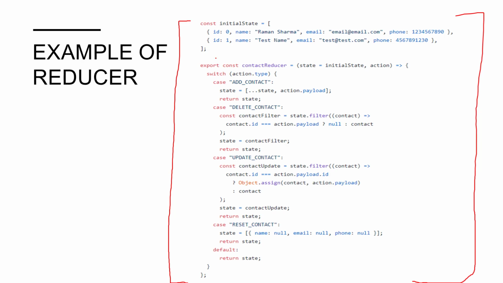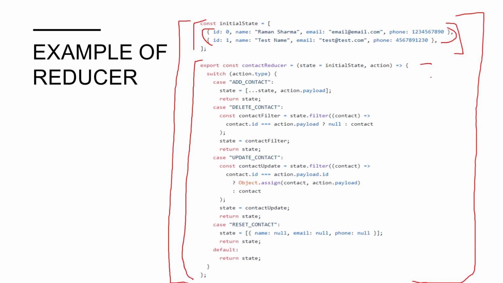When we start creating that project, I will mention the link of the GitHub repository in the video description also. So see that this is our initial state. This all is the reducer here. This is our initial state, and by default these two data are there. And now this is our reducer.